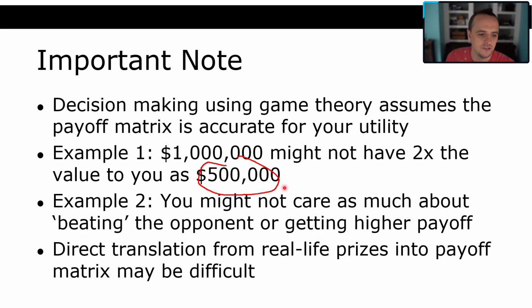Maybe you might not care as much about beating the opponent or getting a higher payoff. So direct translation from real life prizes or jail time or grades may not directly translate one-to-one into a payoff matrix, and so correctly choosing your payoff matrix may be difficult, right?